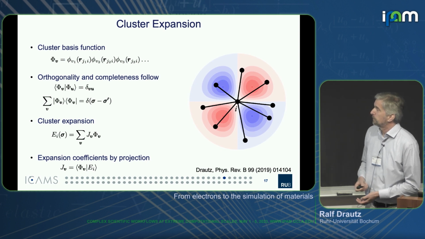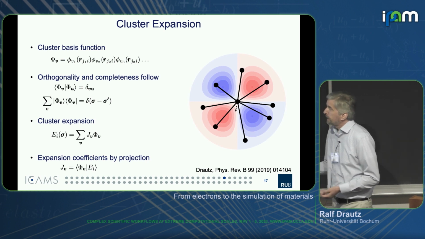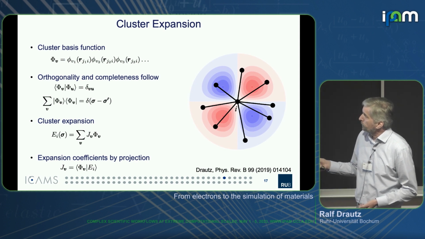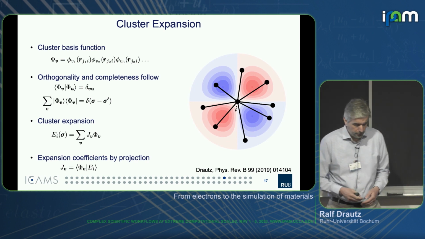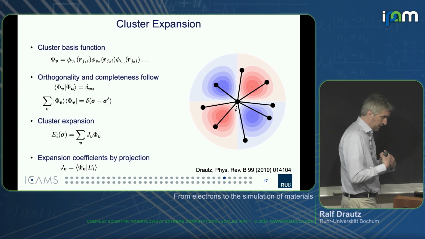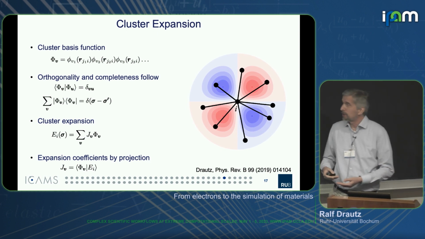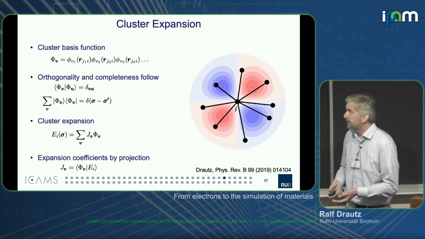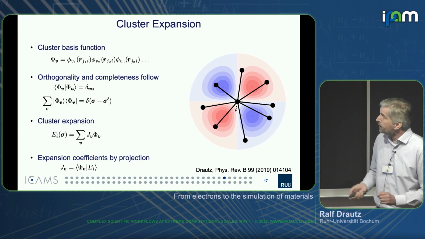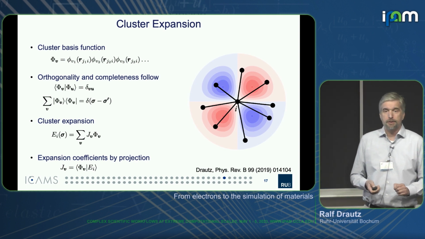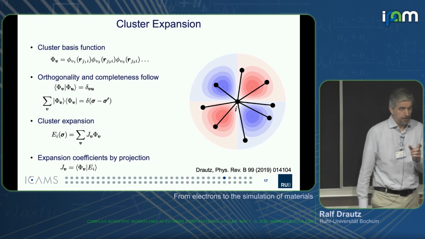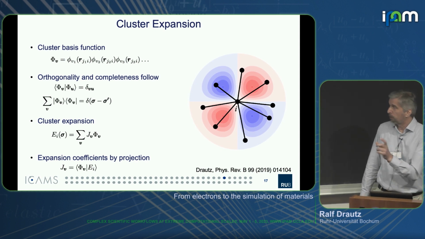these expansion coefficients. And as I said, this looks very much like a Hartree-Fock approximation, and then a linear combination of Slater determinants to improve the basis function. Only that we're lucky here because our atoms are, of course, invariant under permutation.